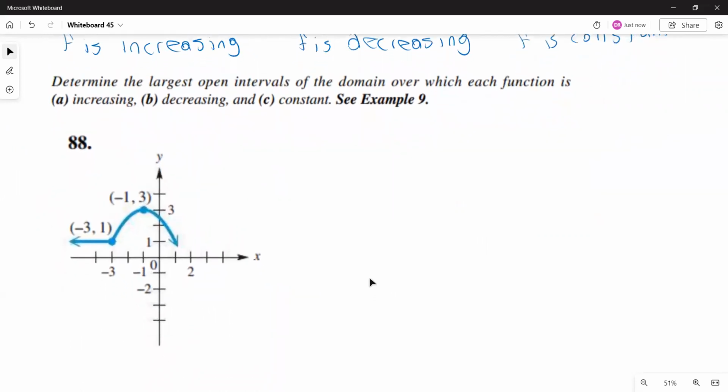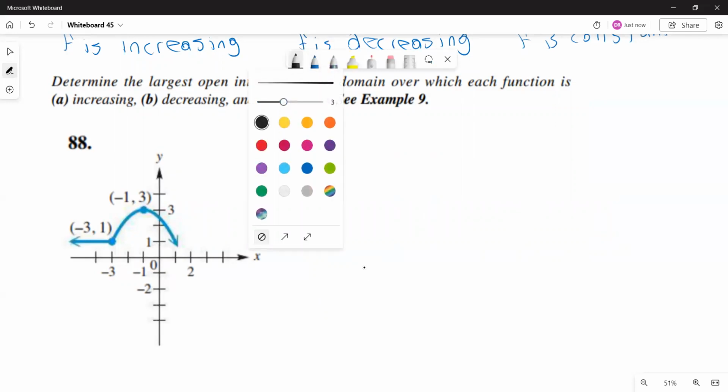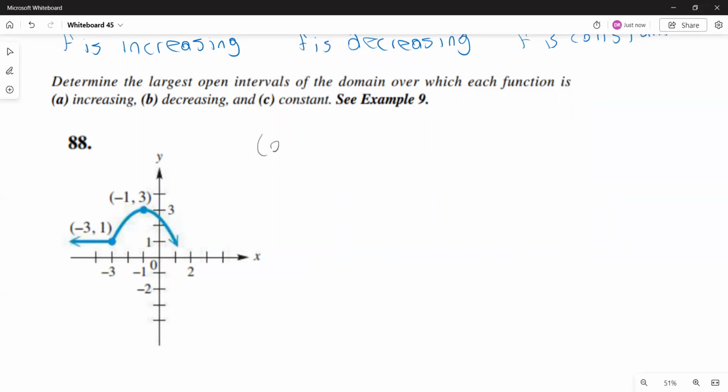We will determine the largest open intervals of the domain over which each function is increasing, decreasing, and constant. We're looking for the domain, so we're looking for x values, and we're looking for open intervals. So everything has a parenthesis. Don't worry about brackets.